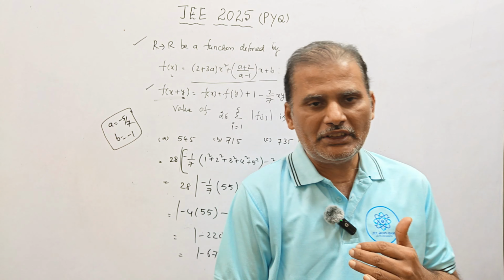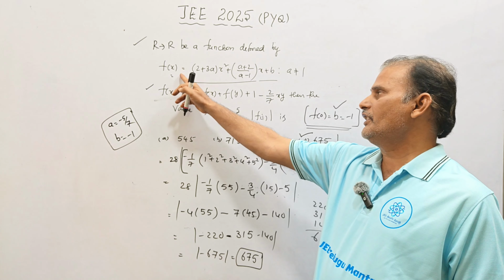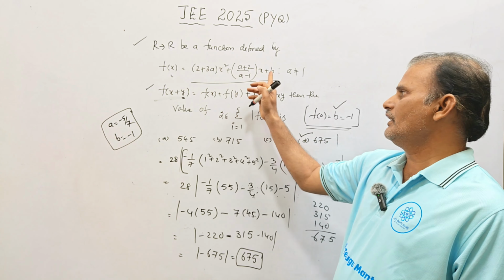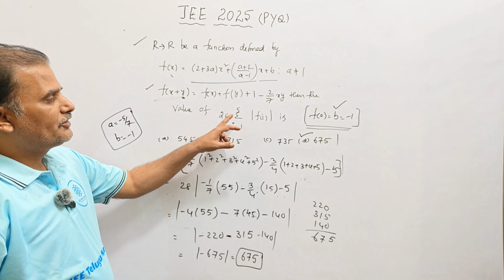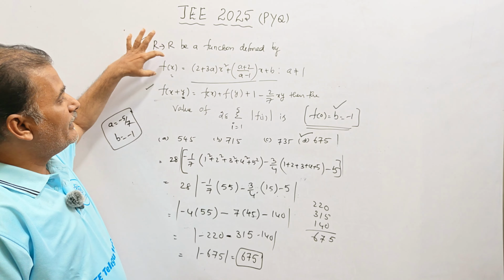See, it seems to be very easy, but the calculation part is very important. Whenever f of x is given, with two variables, and f of x plus y is given, and they ask sigma f of i, first we have to find f of x. To find f of x, the constants a and b are there, so first I have to find a and b. To find constants, when a function is given, the one mantra is take x is equal to 0, then x is equal to y is equal to 0, and we get one value.